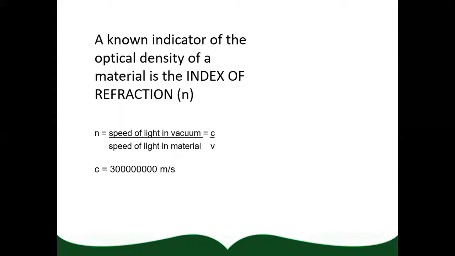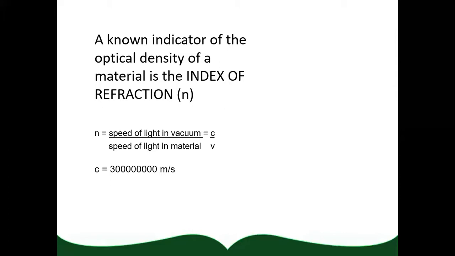A known indicator of the optical density of a material is called the index of refraction. The index of refraction has the symbol small letter n, and it can be computed using the formula: speed of light in a vacuum, c, divided by the speed of light in the material, v.